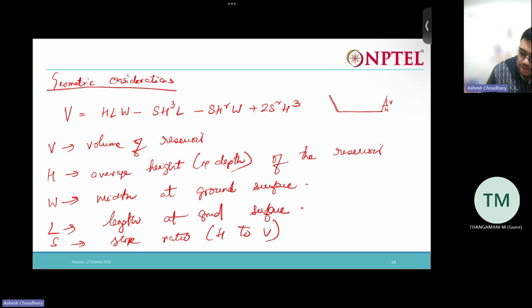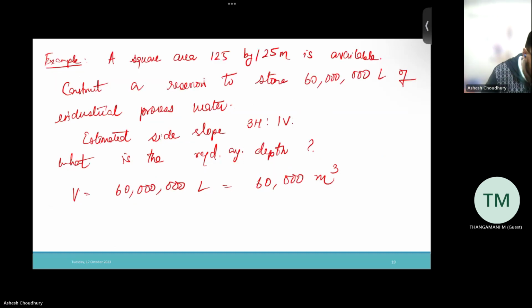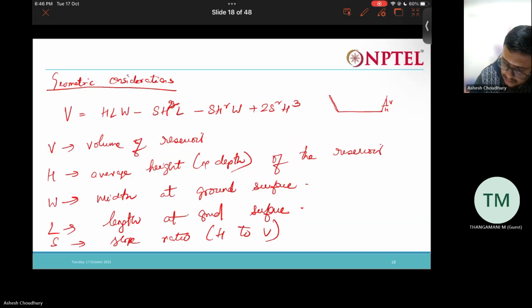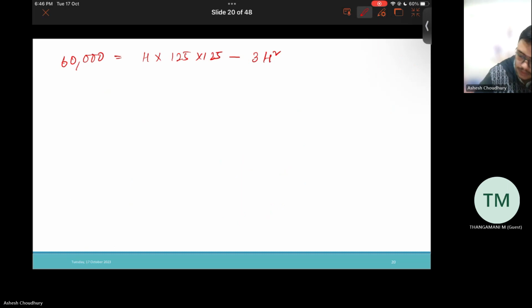So 3H square L, where L is again 125, thrice H square W plus twice S square H cube.